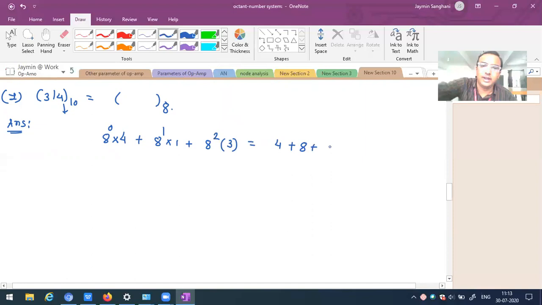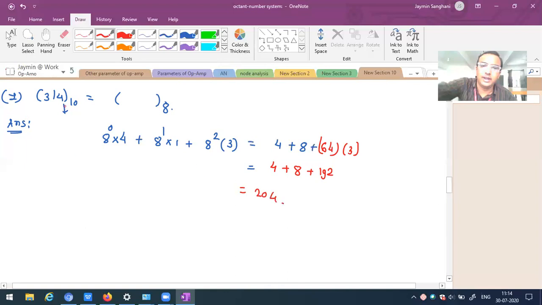plus 48, sorry, 64 multiplied by 3, so 192. So here 192 plus 8 plus 4 is equal to 204.